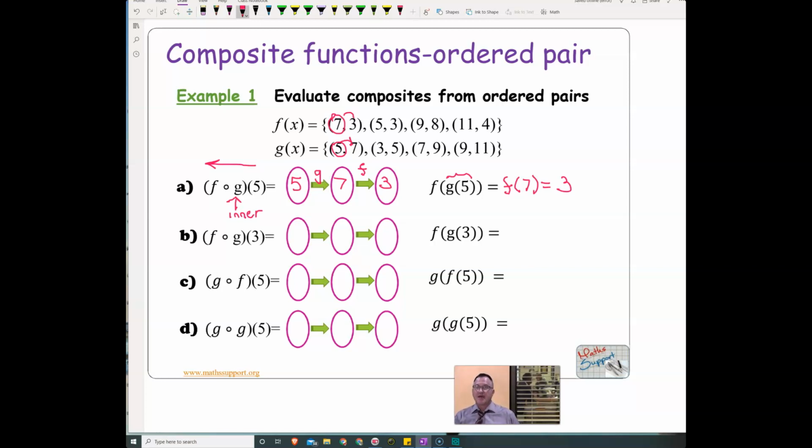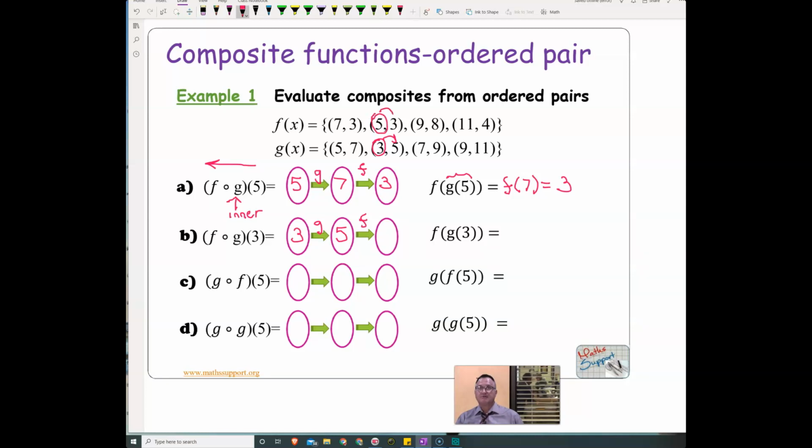All right, f of g of 3. So g is your inner function, so that one's going to go first. 3 is my input. So when 3 is the input on function g, that 3 gets turned into a 5. It becomes the output. Now that 5 becomes the input for function f.